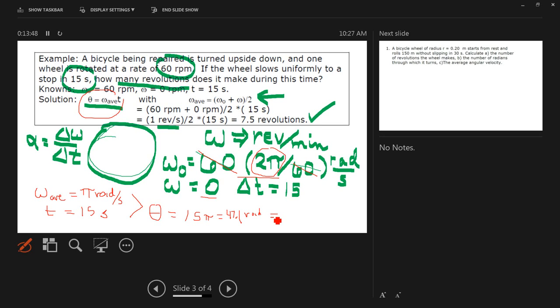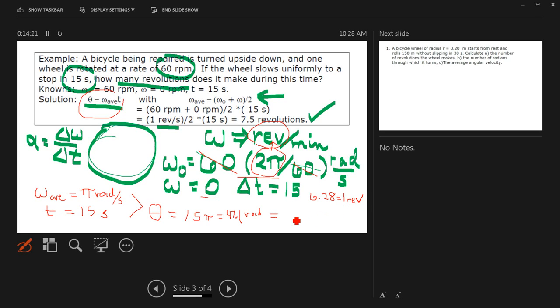Oh, so if the problem wanted revolutions and we did it in radians, then how would we convert to revolutions? Well, up here you saw that 2 pi is the same as a revolution, isn't it? So that means basically 6.28, let me jot that over here on the right hand side, 6.28, which is 2 pi, is equal to 1 rev.